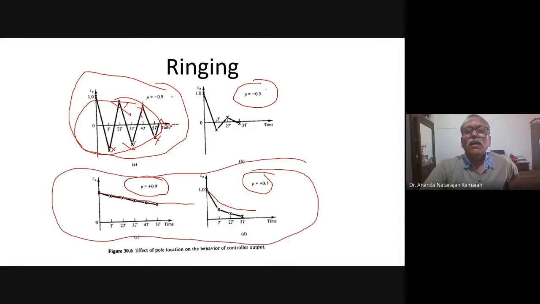So to avoid ringing effect, after designing the controller, we have to factorize the denominator and check the roots of the controller. If the roots are positive, then there is no ringing effect.